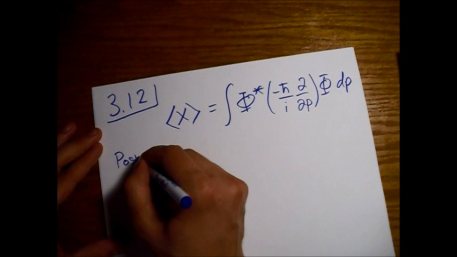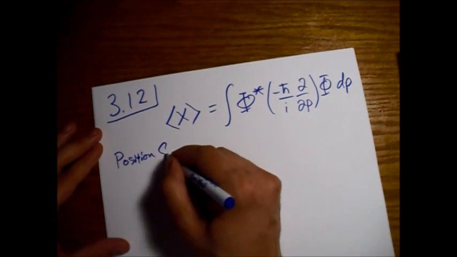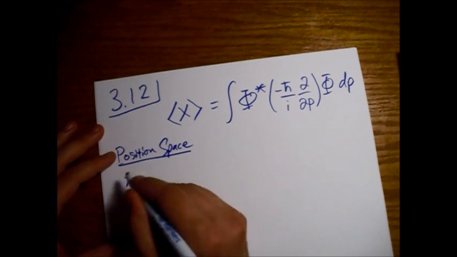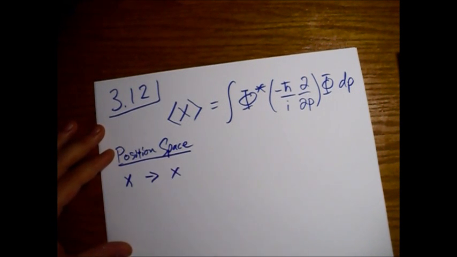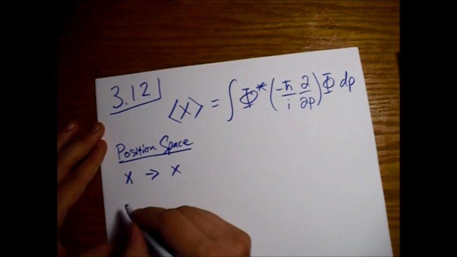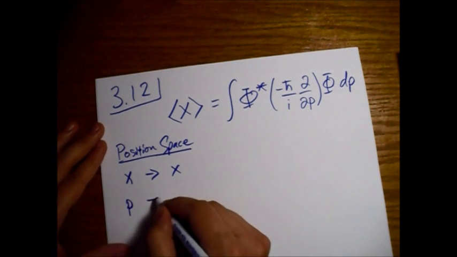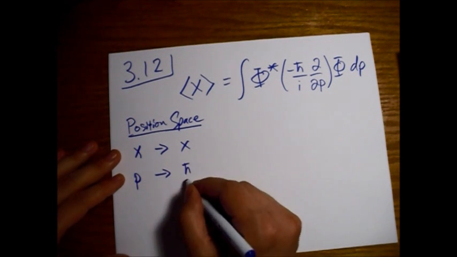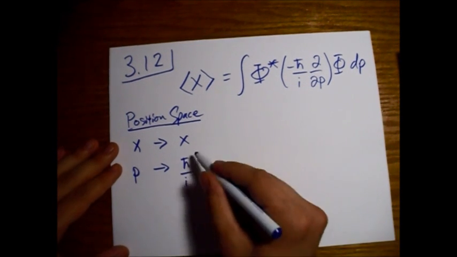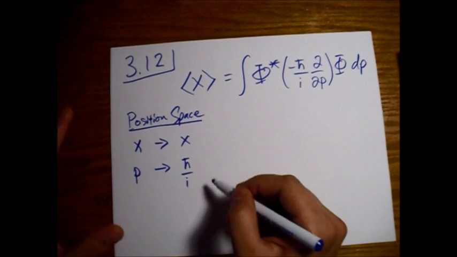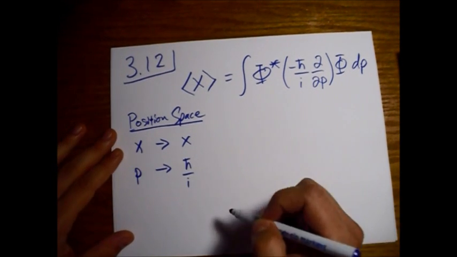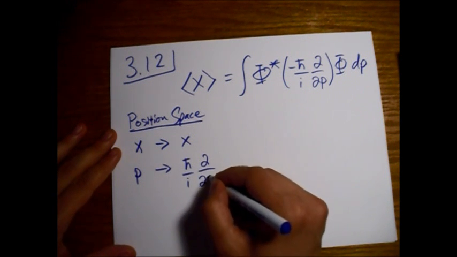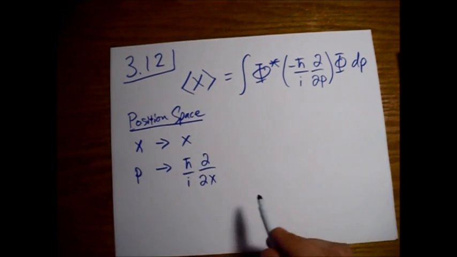Position space: x is just x when you put it in. That's why we're in position space. And for momentum, we have this operator, the minus i h bar, or h bar over i, and then the derivative with respect to x, okay?